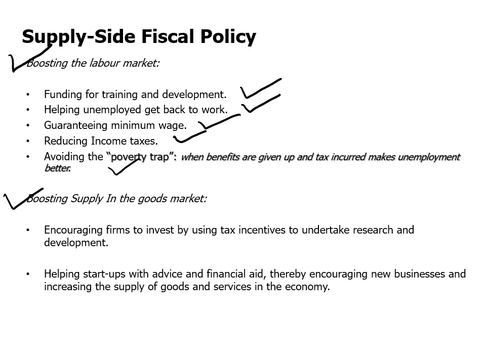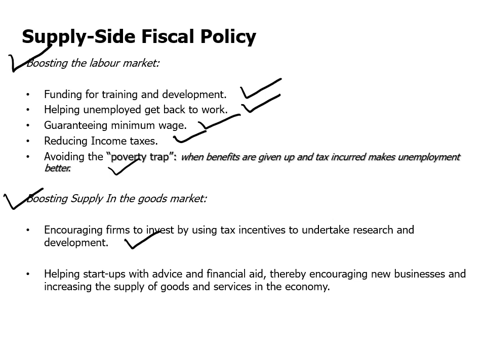Okay, other things we could do fiscal policy wise, we could be boosting supply in the goods market. And how could we do this? We could encourage firms to invest by using tax incentives to undertake research and development, and what will happen is we'll get better technology, and our long run aggregate supply curve is going to move to the right.